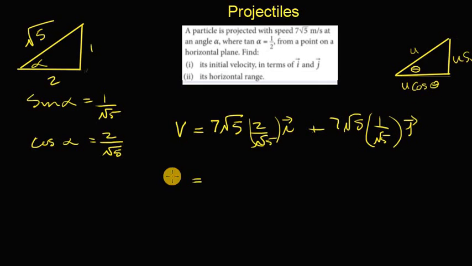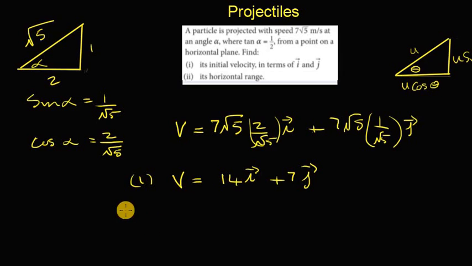So our projectile is travelling at, well, the √5s cancel out, we're left with 14i plus 7j. So that's part 1 answered. We've now identified the initial velocity in terms of i and j.